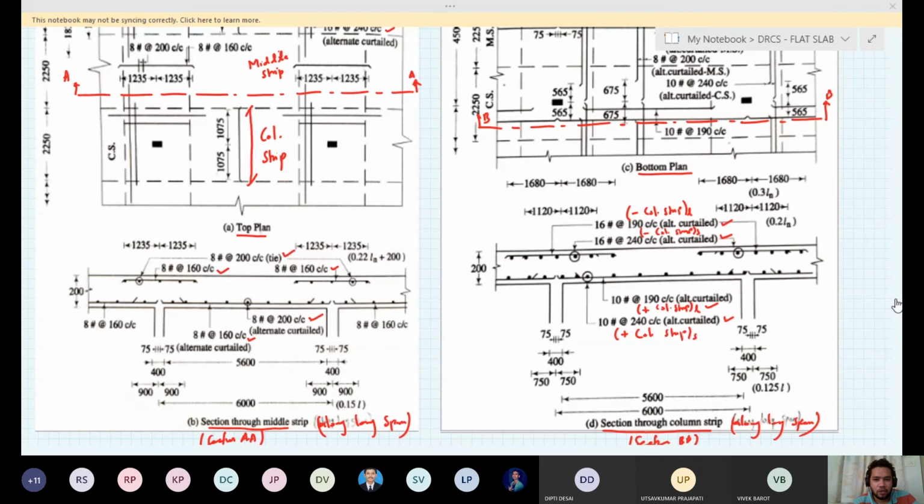And we'll also go through one example in which we have a drop and a capital also, means a column head and a drop also. But we'll not go in detail, we'll just see what changes are there, and how we can design those cases also. So with this, the design of flat slab will be over.